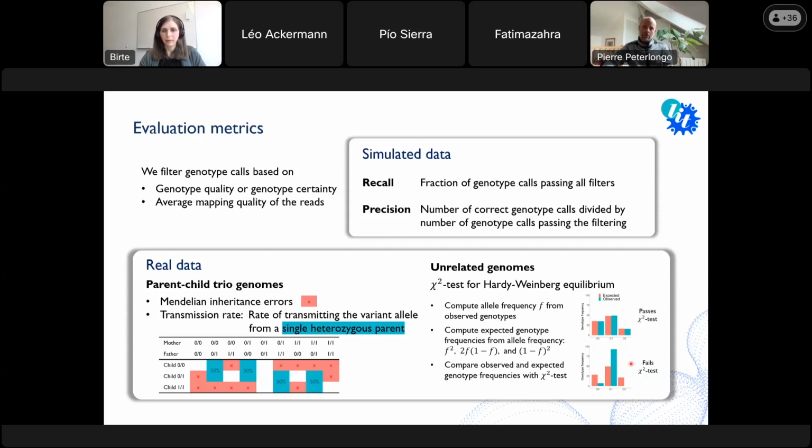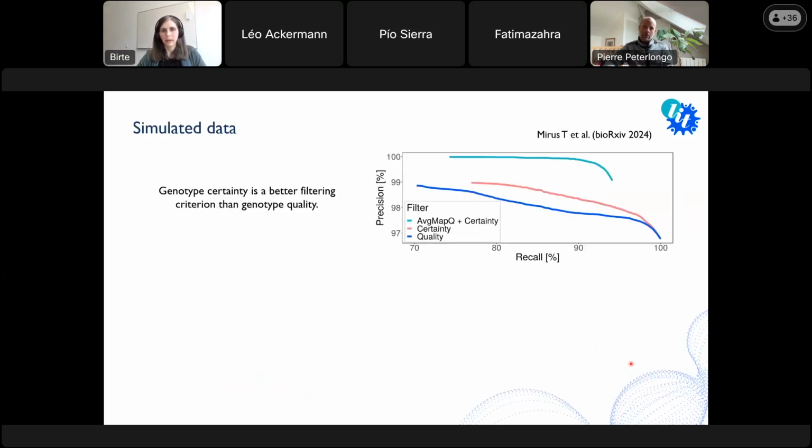Okay, but let's have a first look at the simulated data. So here we could show that the genotype certainty, which is the red line here, is actually a better filtering criterion than the genotype quality, which is the blue line here.